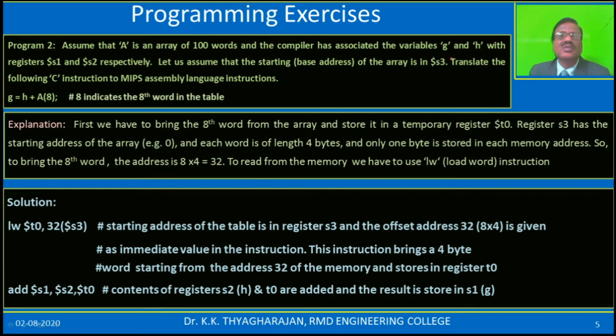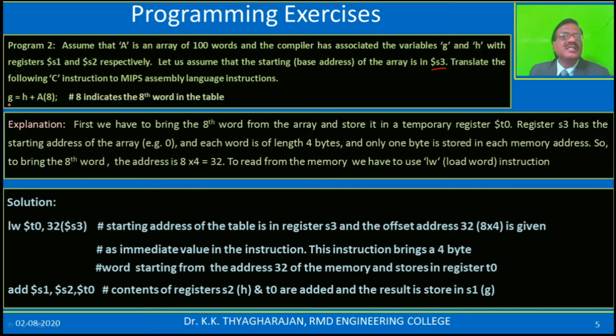G is S1, H is S2. Let us assume that the starting base address of the array is in S3. Translate the following C instruction to MIPS assembly language instruction.